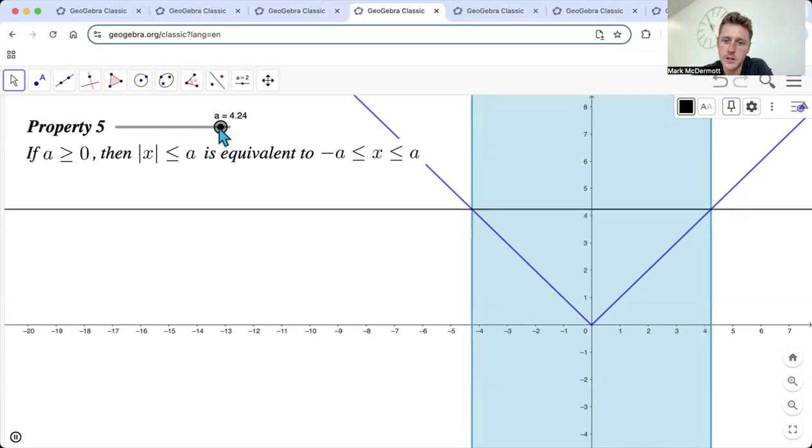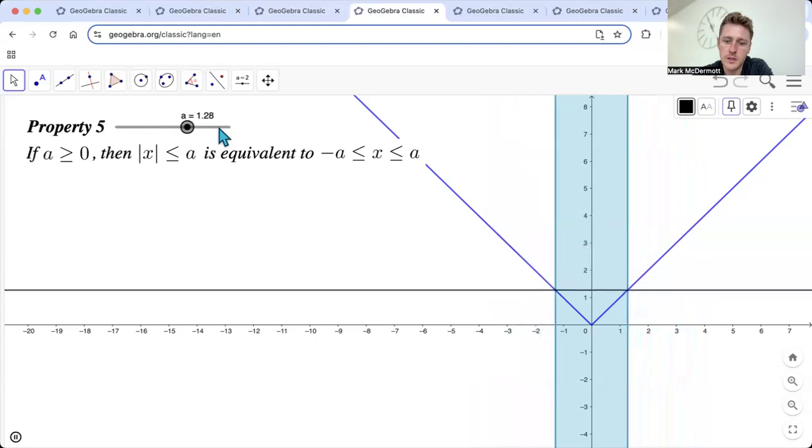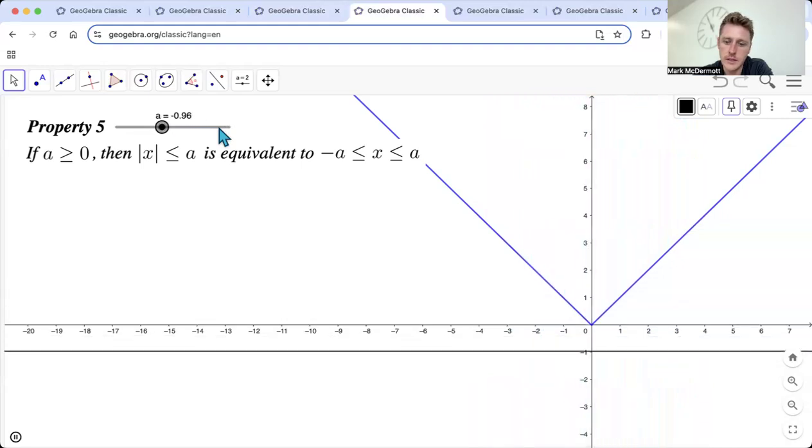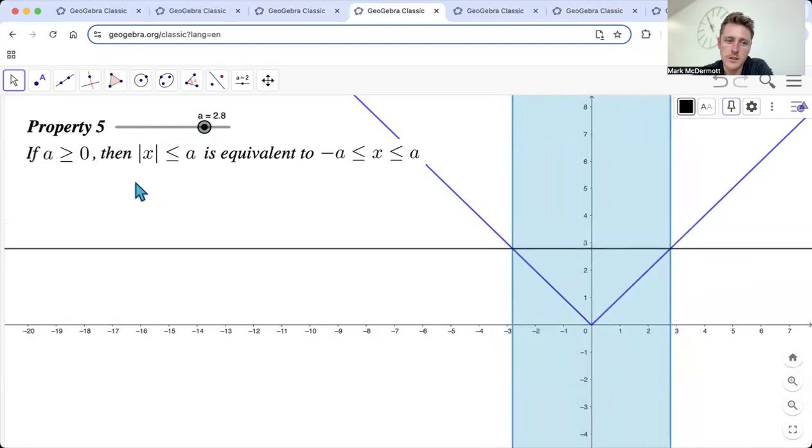Obviously, this doesn't hold when A is less than 0. But anytime A is greater than 0, saying this is the same thing as saying x is between -A and +A inclusive. All right.